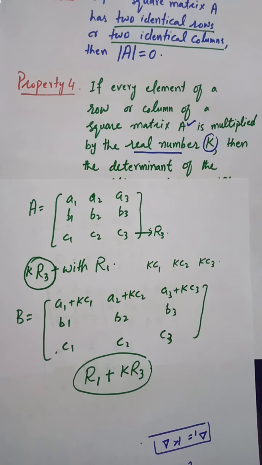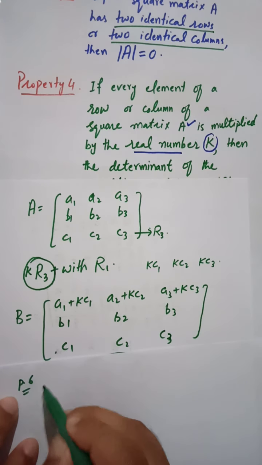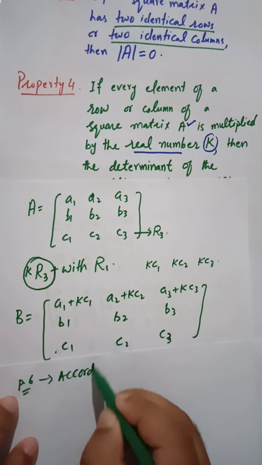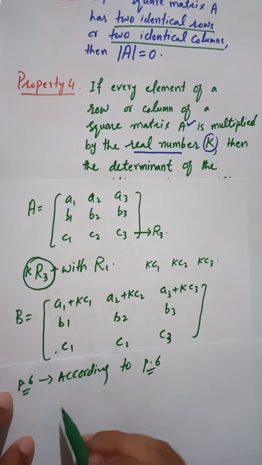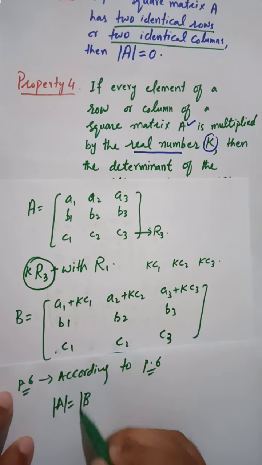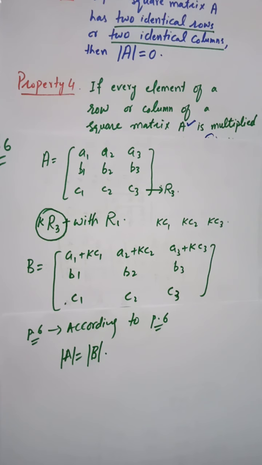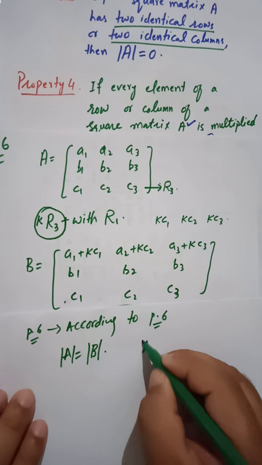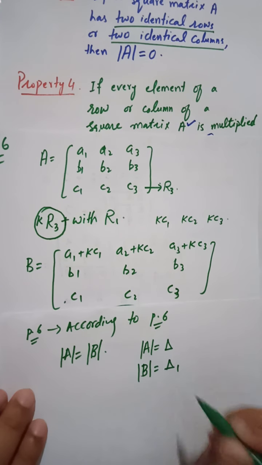Now property number 6 says that the determinants of matrix A and matrix B must be equal. According to property number 6, determinant A will be equal to determinant B. Let's say the determinant of matrix A is denoted by delta and the determinant of matrix B is denoted by delta 1.